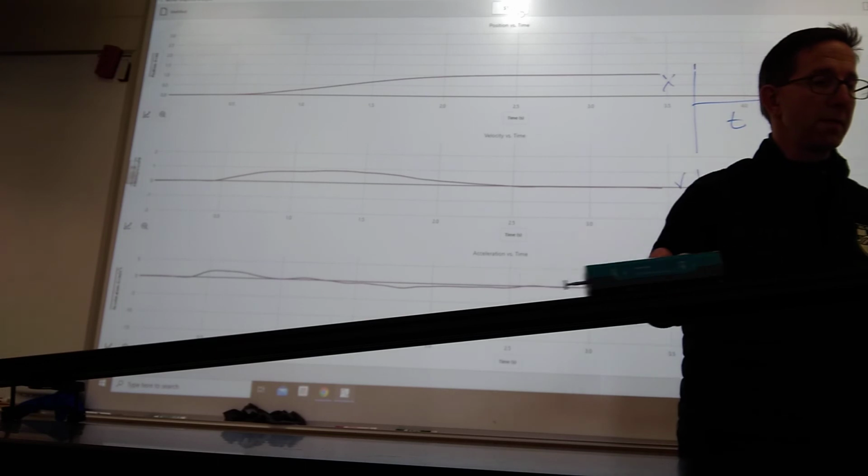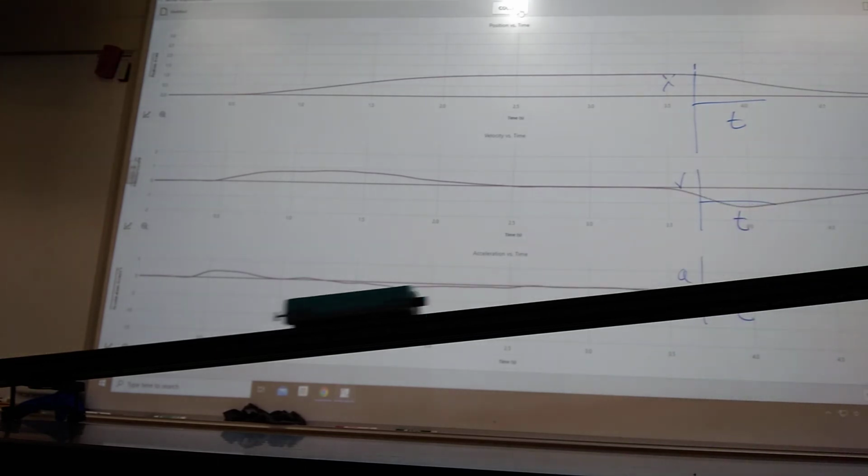Starting right here, going up, and back down. A little bit too slow, so let me try that a little bit faster this time.